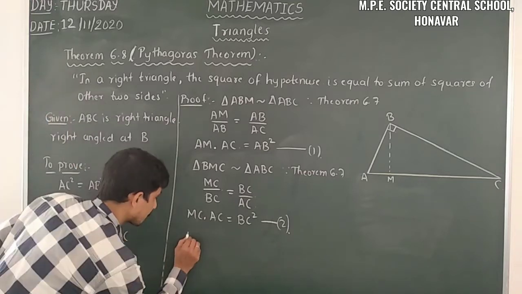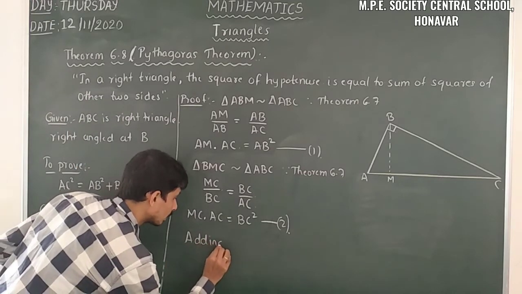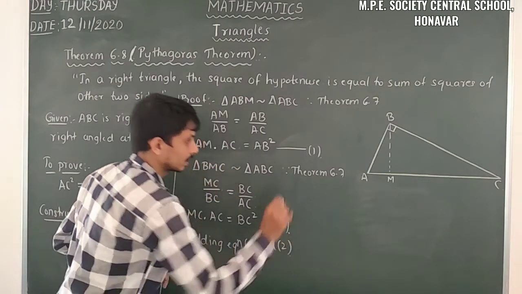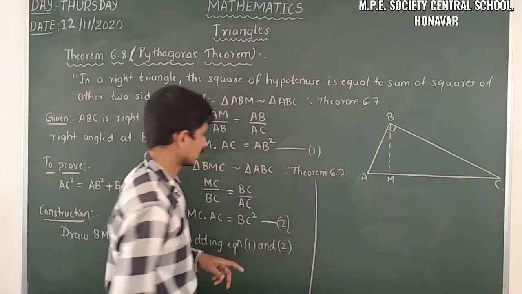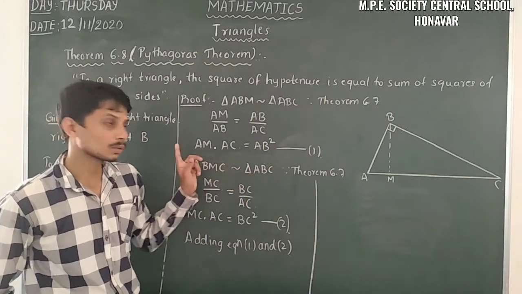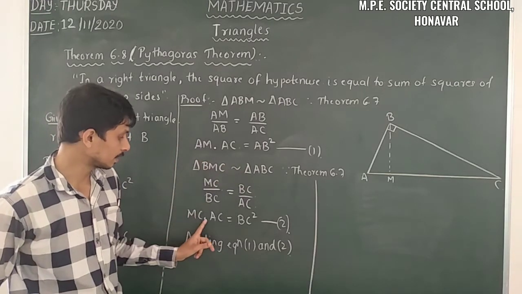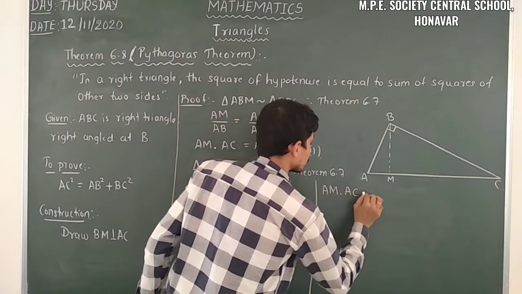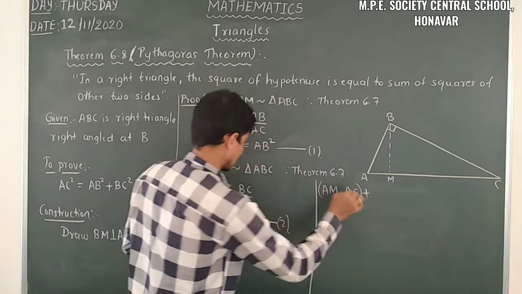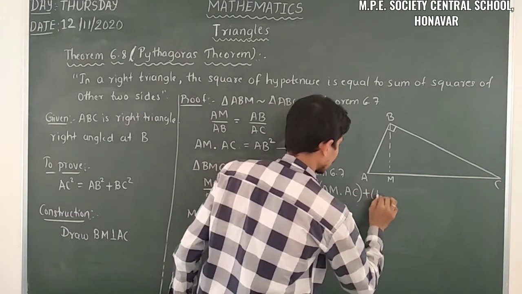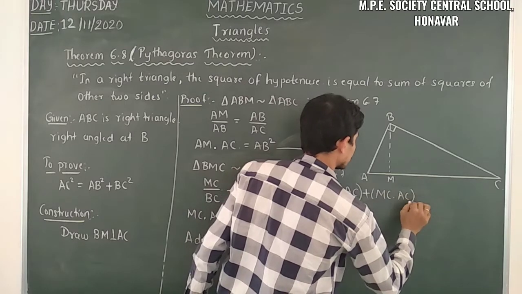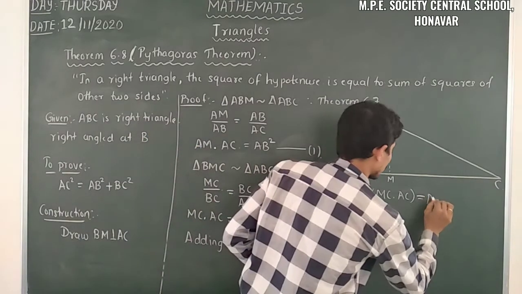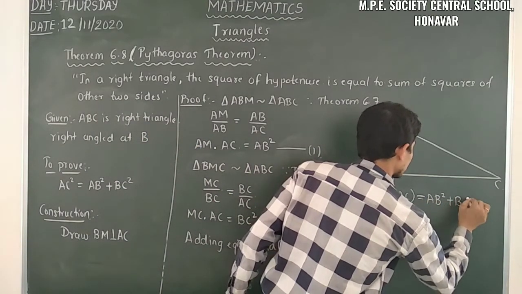Adding equation 1 and equation 2, from the first AM into AC, plus MC into AC, is equal to, from the RHS, AB square plus BC square.